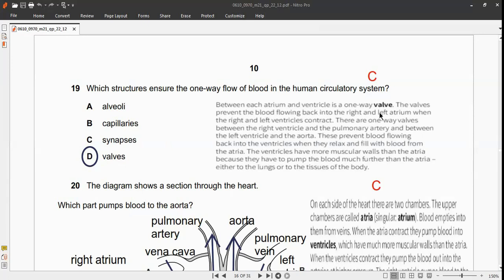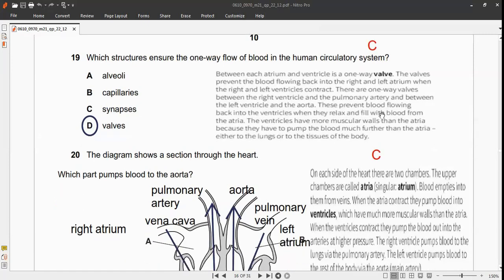These prevent blood flowing back into the ventricles when they relax and fill with blood from the atria. The ventricles have more muscular walls than the atria because they have to pump the blood much farther, either to the lungs or to the tissues of the body.